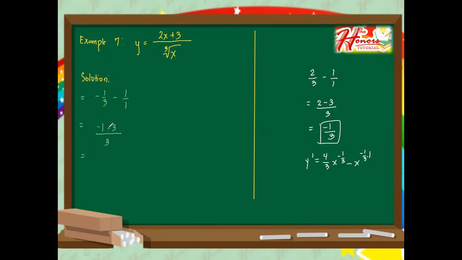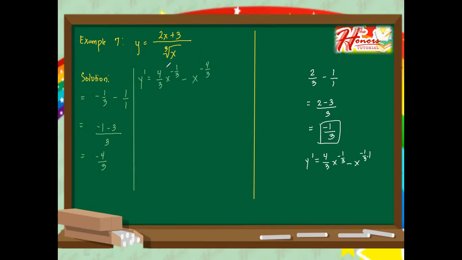So we have here negative 1 times negative 3, that's negative 4 over 3. So therefore, the exponent of x should be negative 4 over 3. So we can say that y prime is equal to 4 over 3 x raised to negative 1/3 minus x raised to negative 4 over 3.